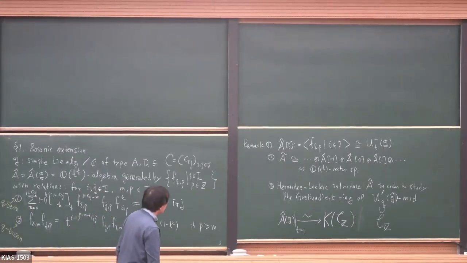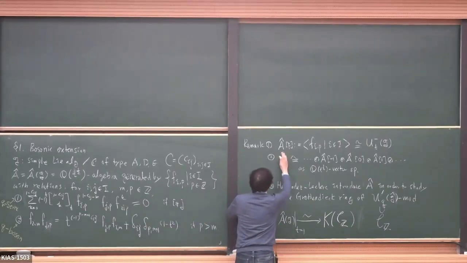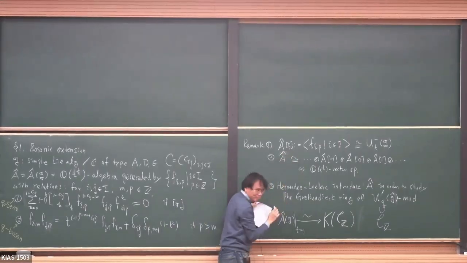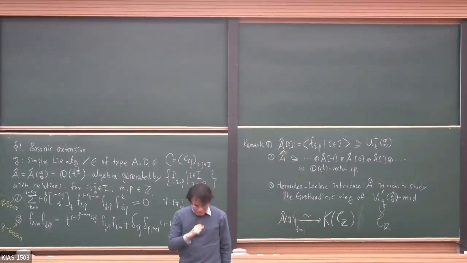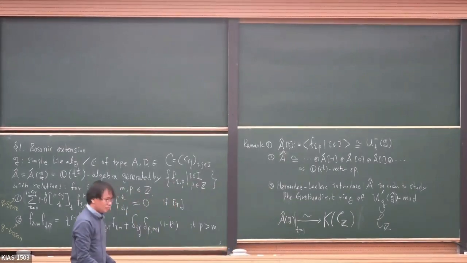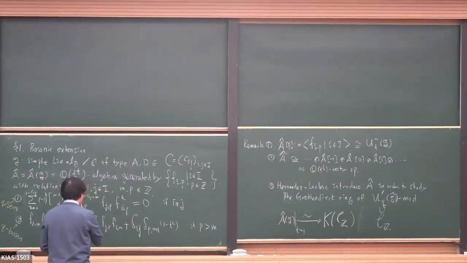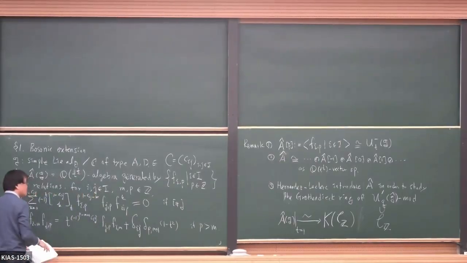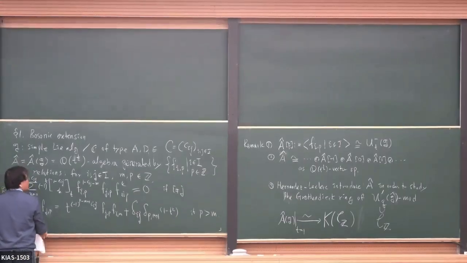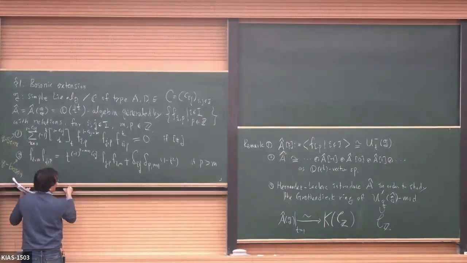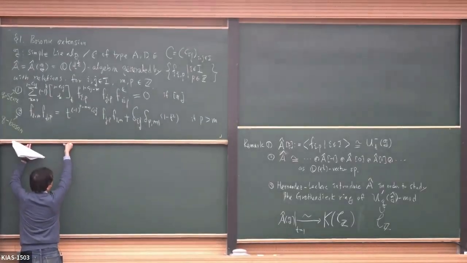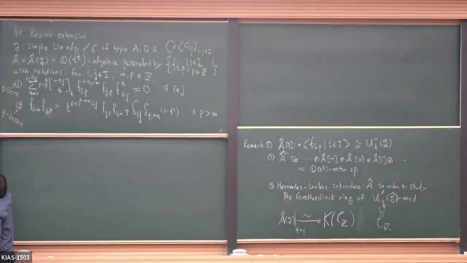So this is the whole algebra A hat, and in the title you can see the bosonic extension associated with the positive braid b, the A hat b, and A hat b is a subalgebra of my A hat.